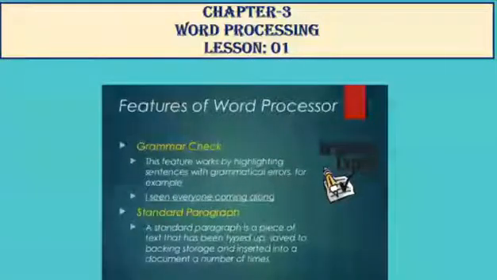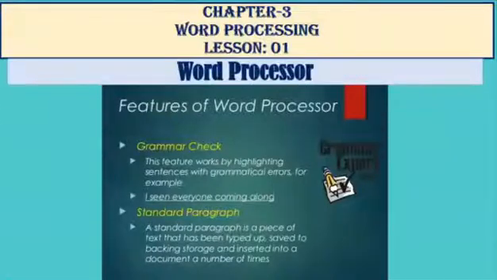First of all, grammar check. This feature works by highlighting sentences with grammatical errors. For example, I seen everyone coming along. Then, standard paragraph. A standard paragraph is a piece of text that has been typed up, saved to backing storage and inserted into a document a number of times.